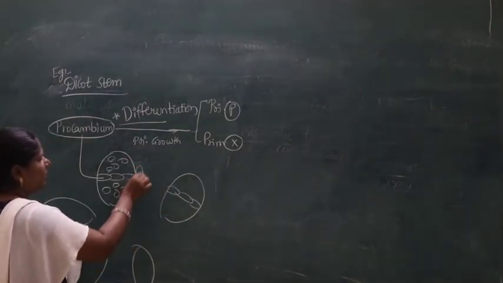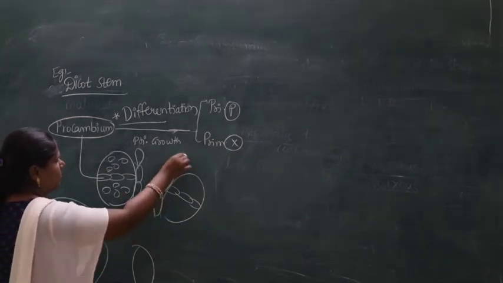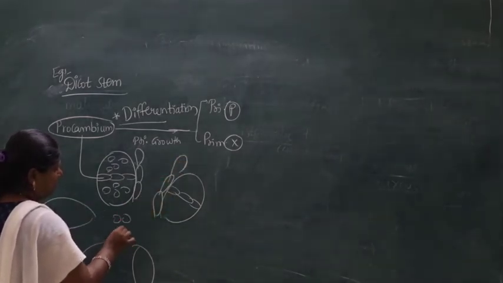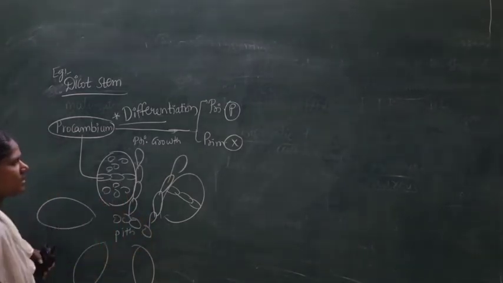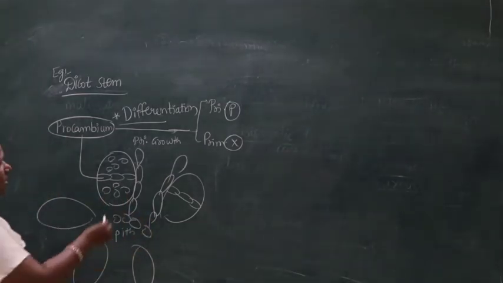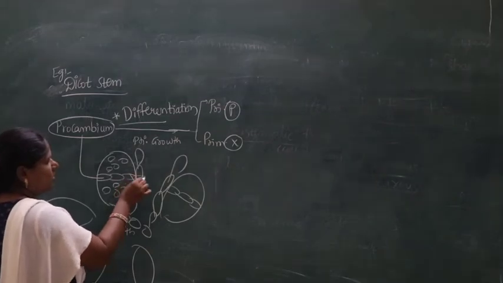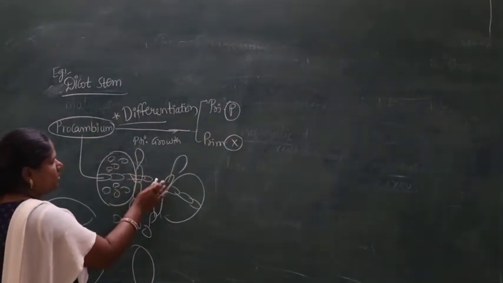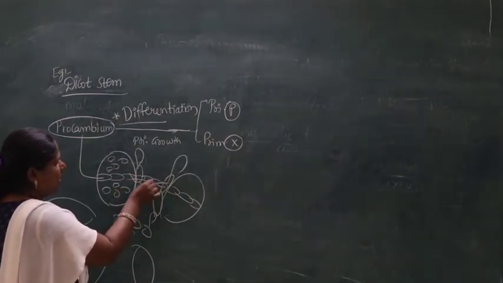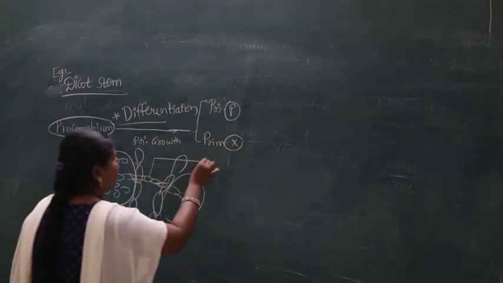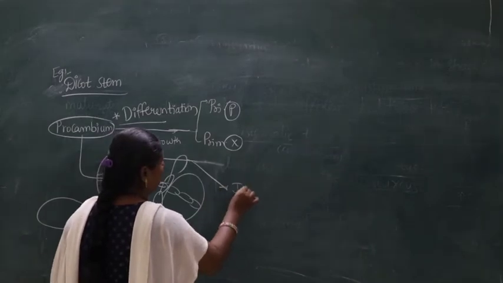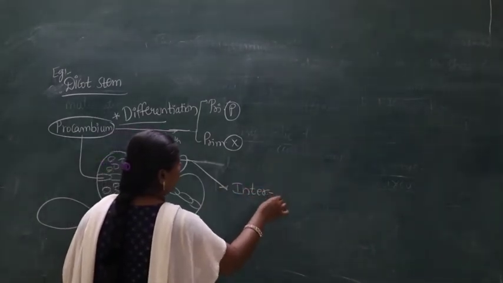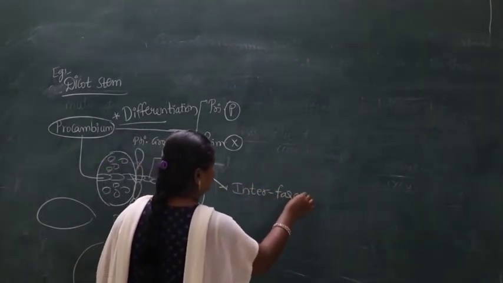Taking the help of medullary cells, of medullary rays, what happens? Now these will undergo division; the medullary rays also will undergo division and form what? What do they form? They form what is called interfascicular cambium.